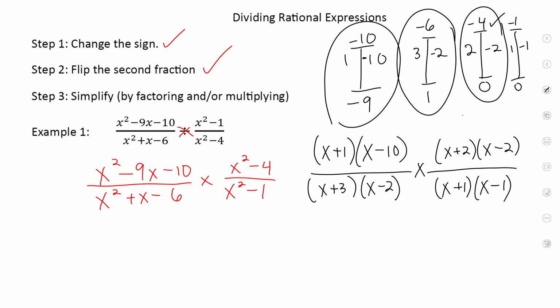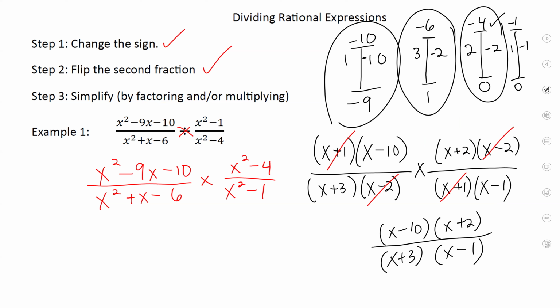We can cancel out x minus 2 with this x minus 2, this x plus 1 with this x plus 1. Does anything else cancel? No? Okay, so that's our answer, whatever's left over. So I have x minus 10 times x plus 2 over x plus 3 times x minus 1. That's it.